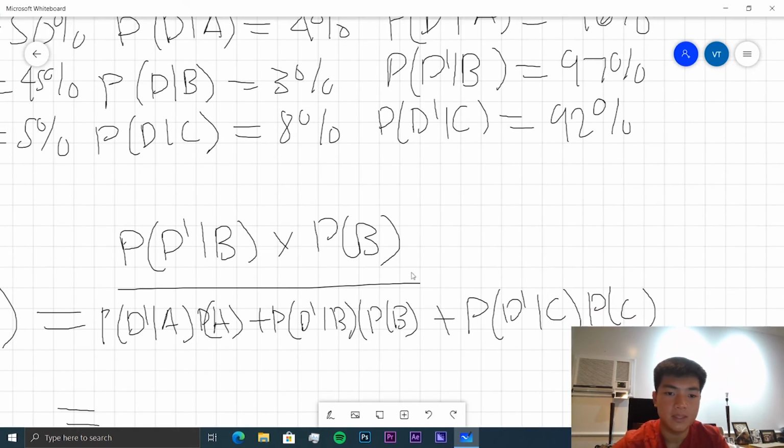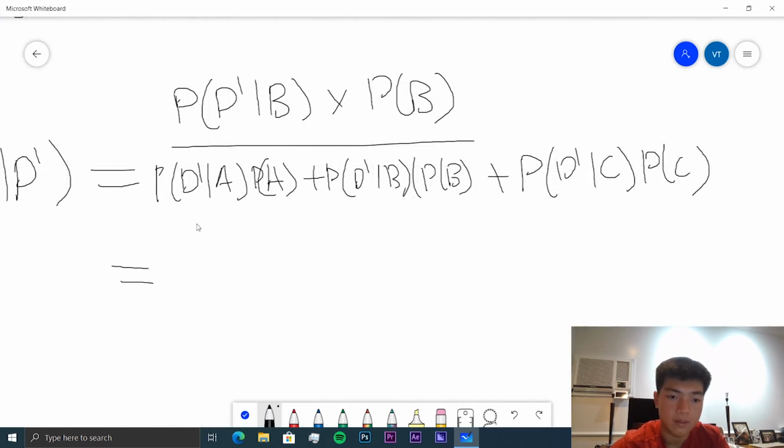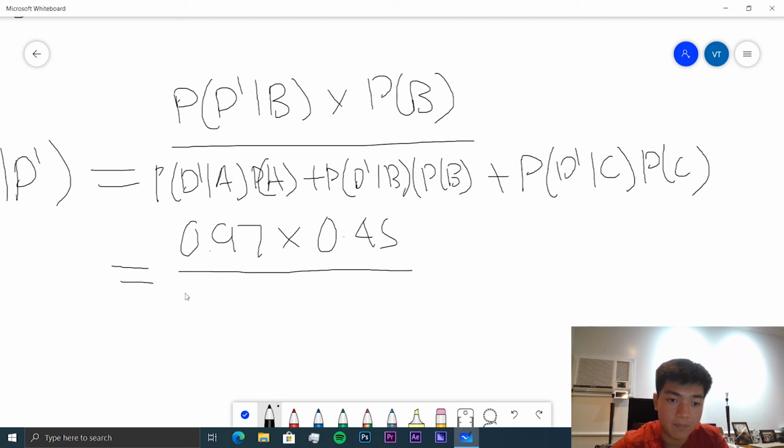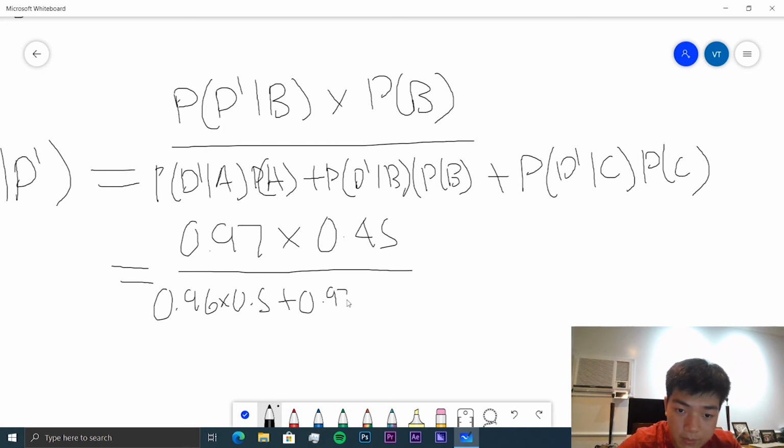So it's 0.97 times 0.45 divided by 0.96 times 0.5 plus 0.97 times 0.45 plus 0.92 times the probability it came from C, which is 0.05.